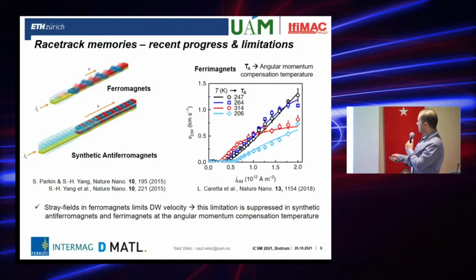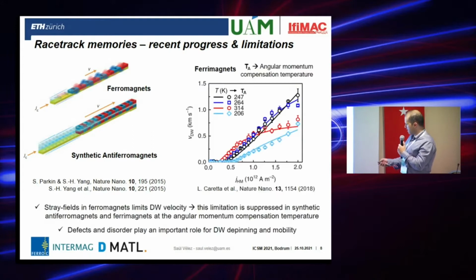And then what's happening is that at the angular momentum compensation, where you compensate the two layers, let's say, the system becomes more antiferromagnetic-like in its behavior, and this is what you can see with this black curve, that basically the velocity could be higher than for the case that behaves less like an antiferromagnetic system.